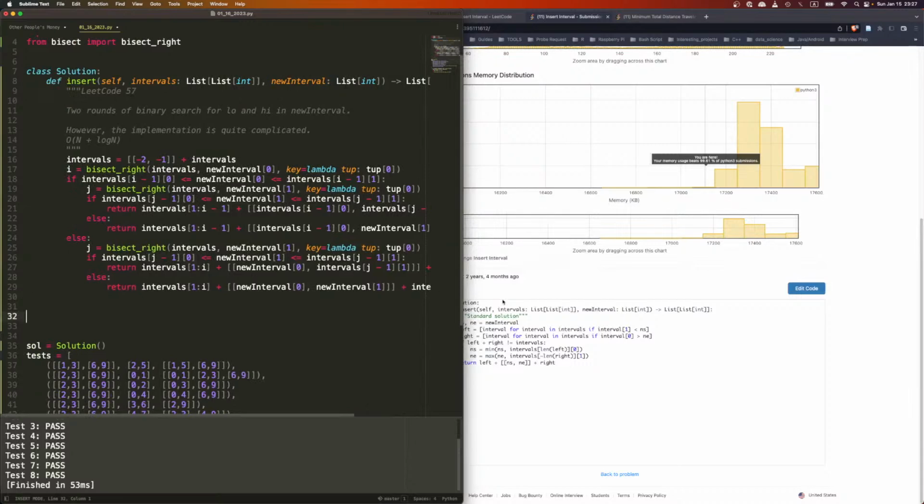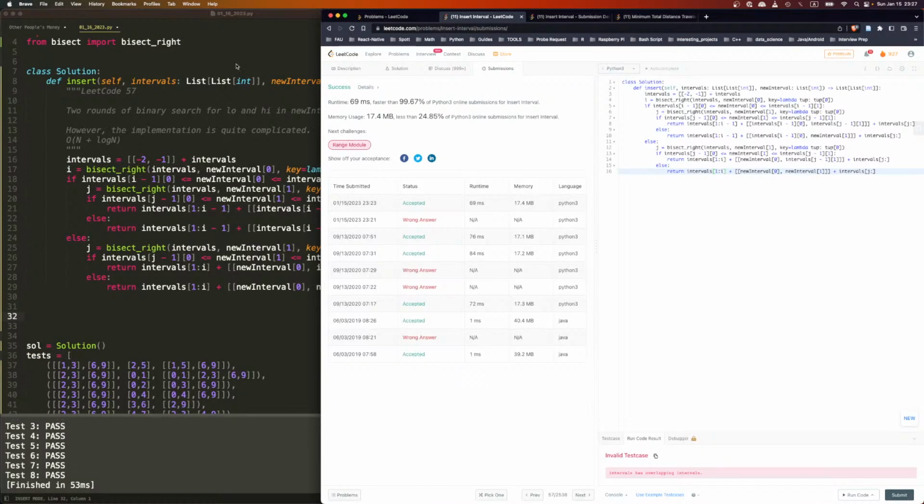So solution 2. Let's see if we can handle it.